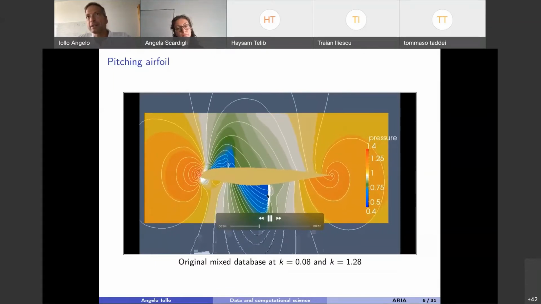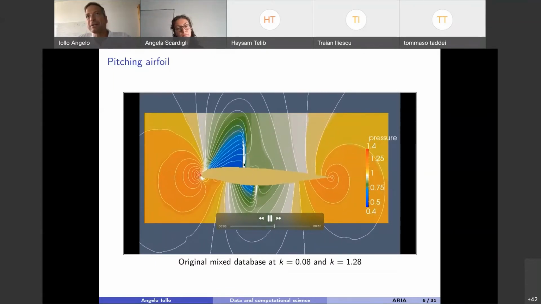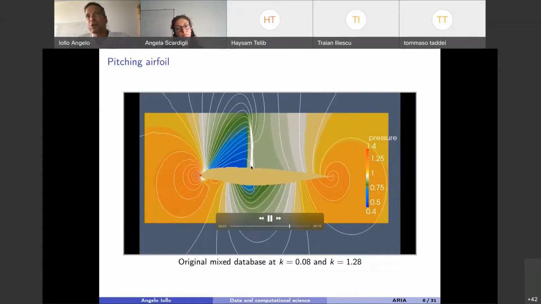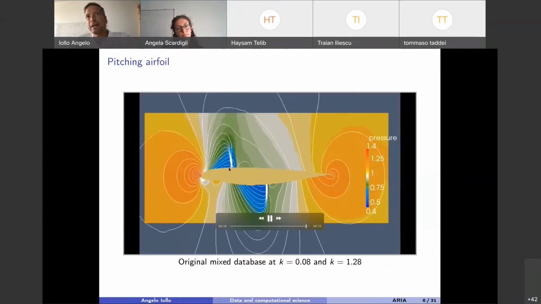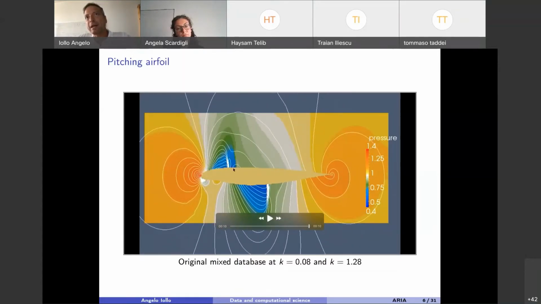You see that somehow it tries to fit to the shock, but the precision is completely lost in this region here, where the shock is really offset with respect to the low order model.